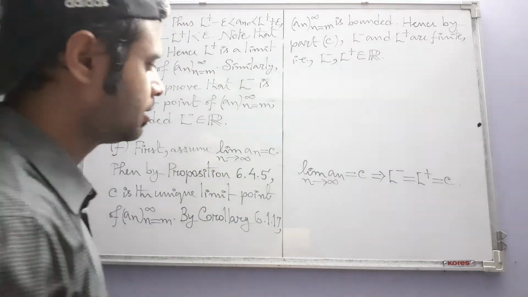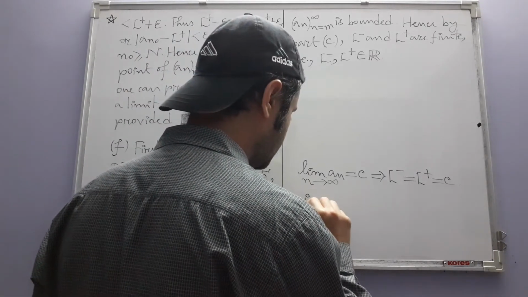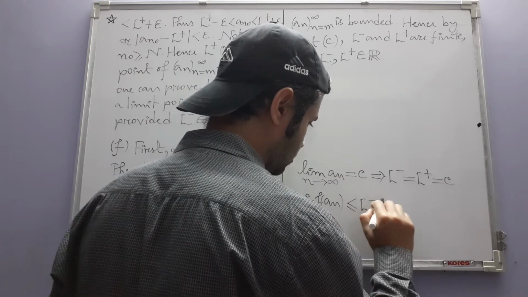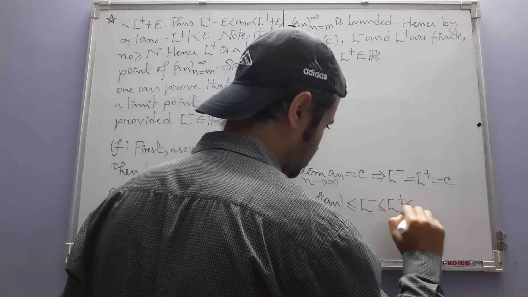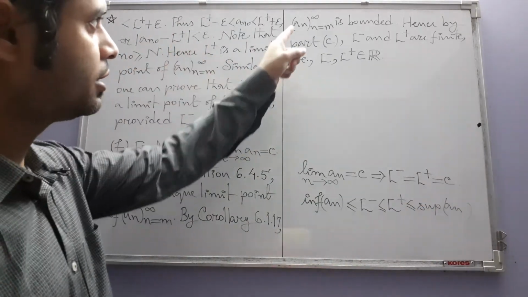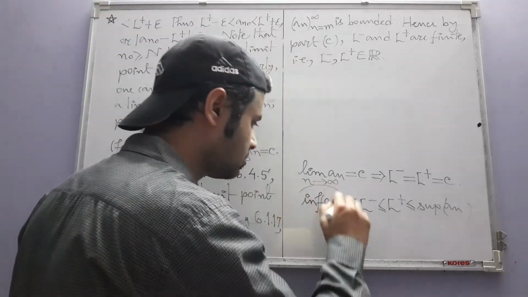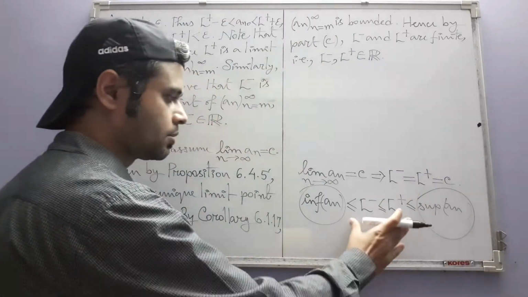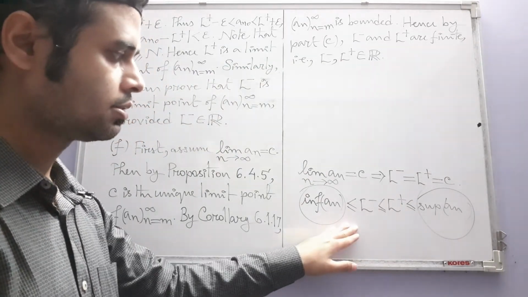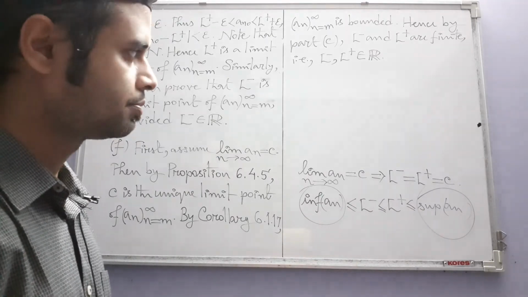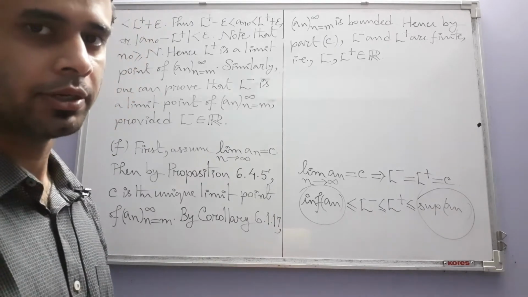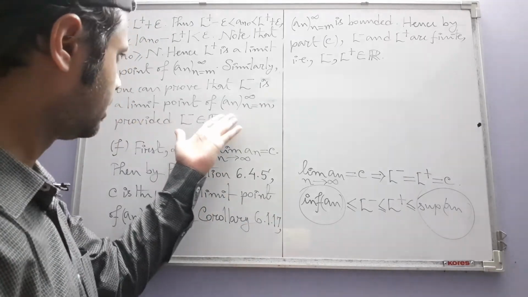What has happened here? In part C we have proved this now. Boundedness of our sequence means these are real numbers. So the other terms which are trapped in between these two things are also forced to be real numbers. But now, because these are real numbers, by part E, they are limit points. What we have proved here just now.